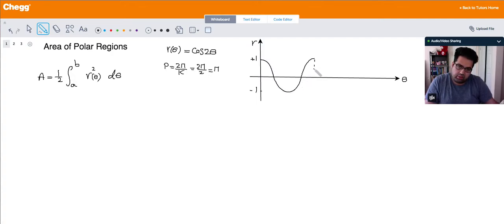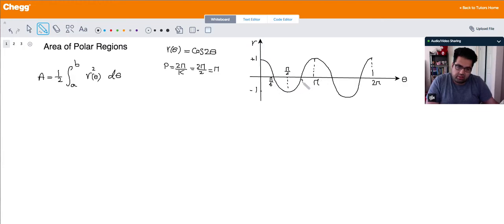So here is going to be one period, so it's pi. Because I need to go from 0 to 2 pi, I need to graph one more period here. So here is going to be 2 pi. Obviously here is pi over 2. Here is pi over 4.